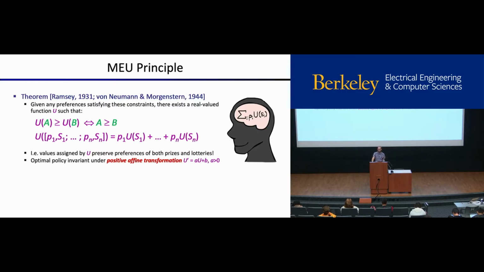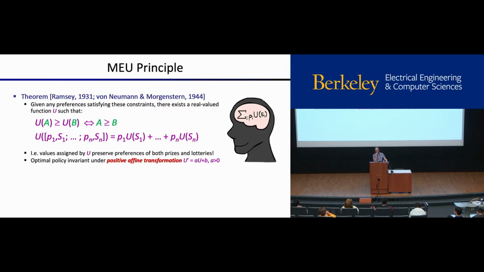If you scale your utility function by a positive constant, that's never going to change optimal behavior. And so these are positive affine transformations. You can basically multiply your utility function by a positive constant, and add another constant, and get the same recommendations for how to behave.